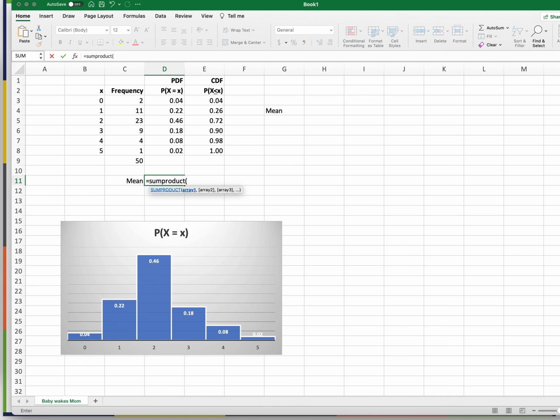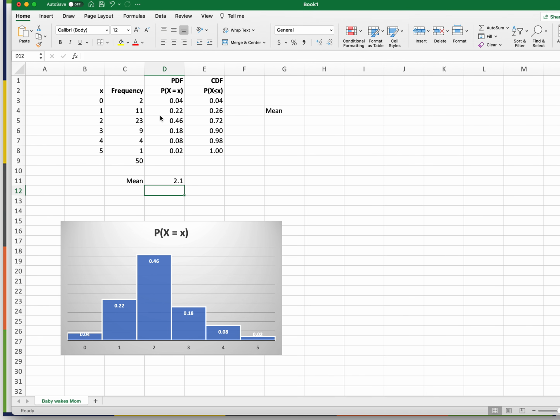It's a little confusing, but what it does is it says if I highlight this, and then I put a comma, and then I highlight this, and it has to be an array of the same length. So these are 6 elements, these are 6 elements. I multiply these two together, and what do I get?